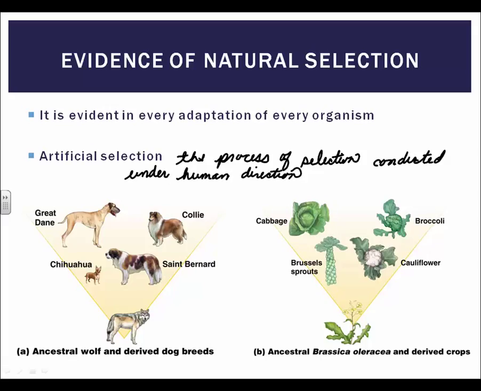What we're seeing in this picture is a wolf as the common ancestor for all dogs, and through selection, we came up with all these different breeds. And same thing with Brussels sprouts, cauliflower, broccoli, and cabbage, which all came from the same ancestor.